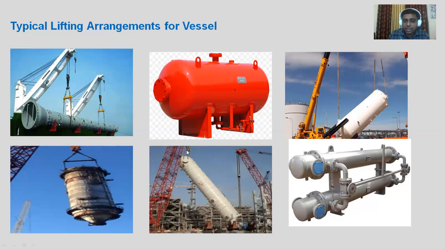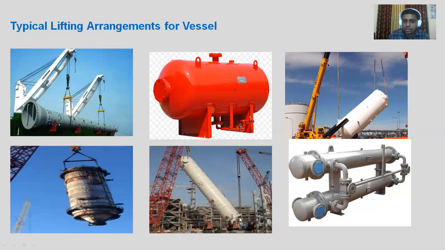So there will be a spreader beam or spreader bar to which these belts will be attached, and from the bottom the tailing lug will have one D shackle, which will be attached to the crane, and this is how it will be made from horizontal to vertical.